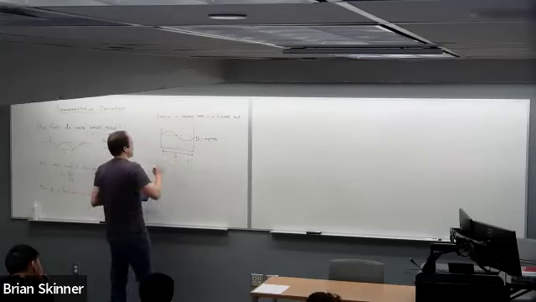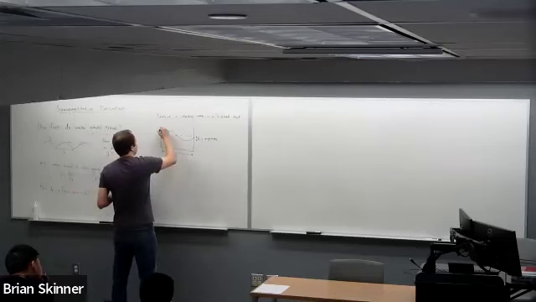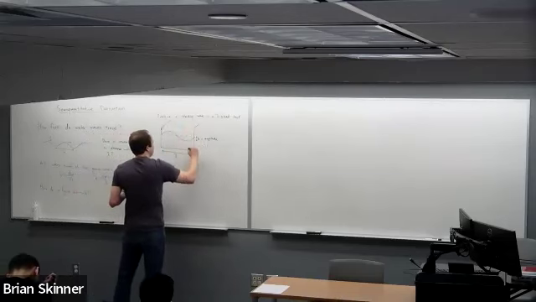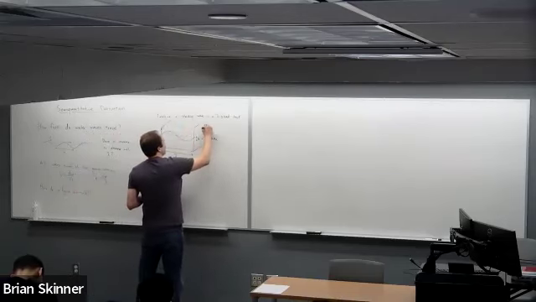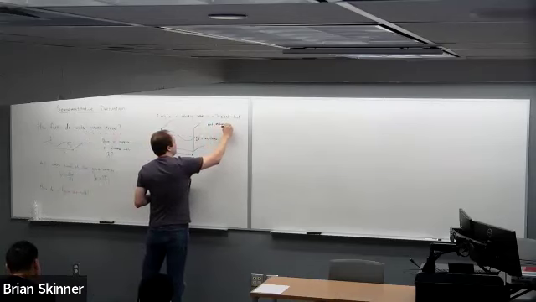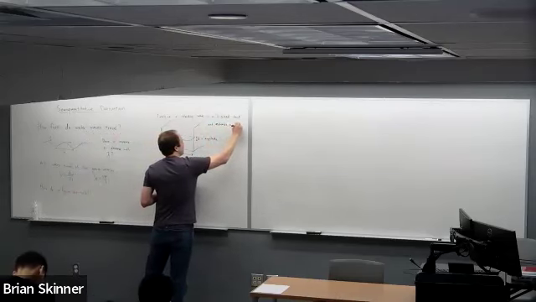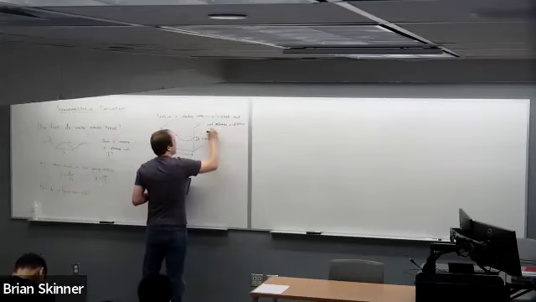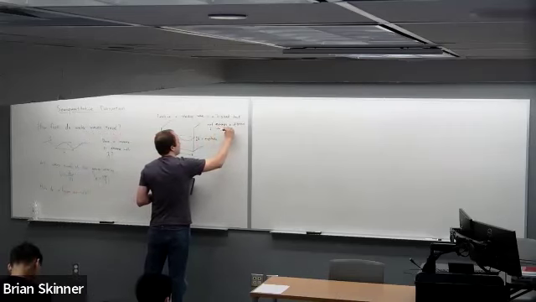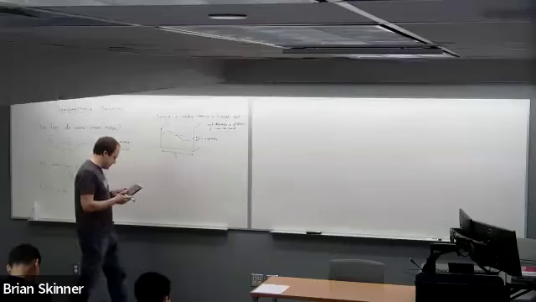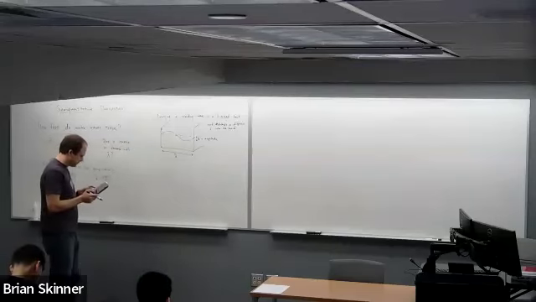And just to keep my units nice, I will imagine that the tank extends a distance L into the board. Otherwise I have confusing units where I do things per unit length or whatever. Okay?